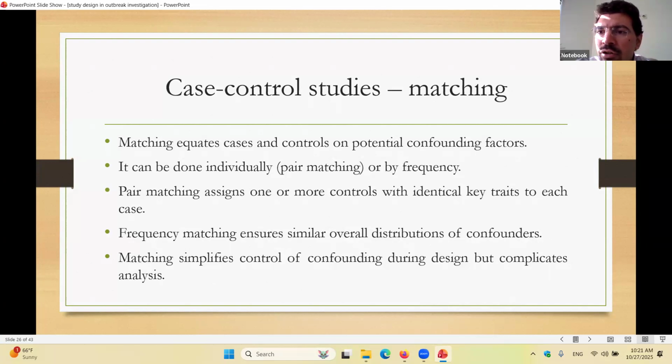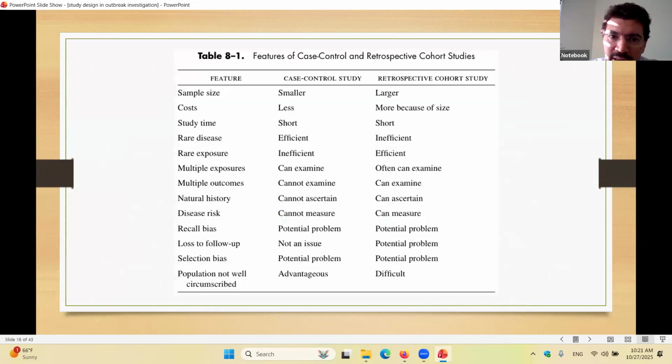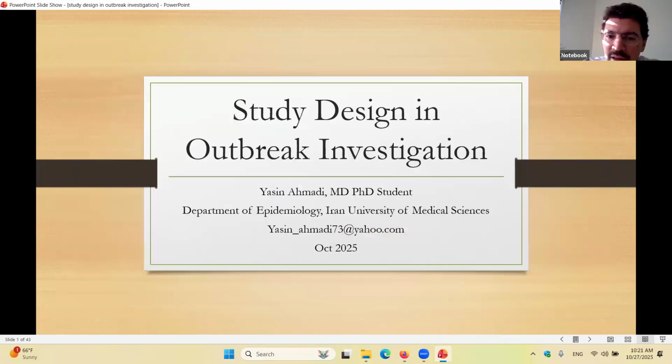You can search for instrumental variable analysis, and if you have any further question, you can contact me via my email.